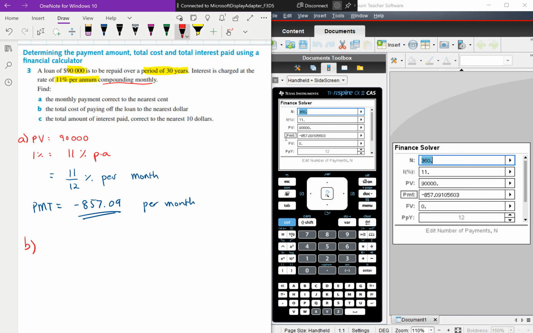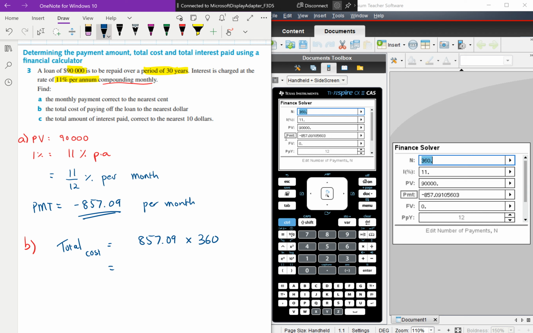Over the 30 years, you paid 360 months, and each of those months, you paid $857.09. So to calculate that, you would write total cost has to be $857.09 multiplied by 360 months. That's how many times you would have calculated the total amount.